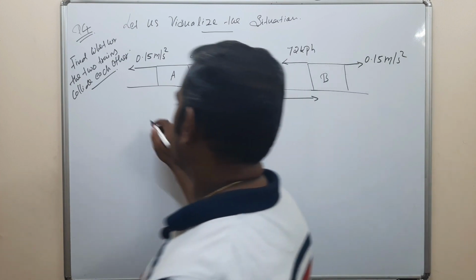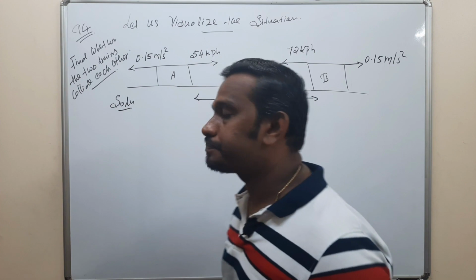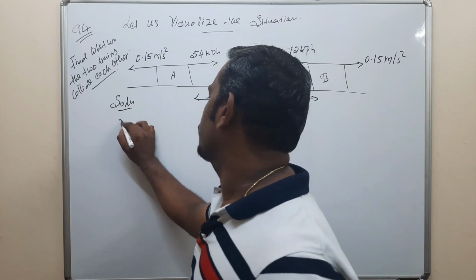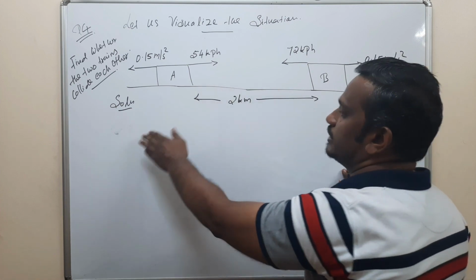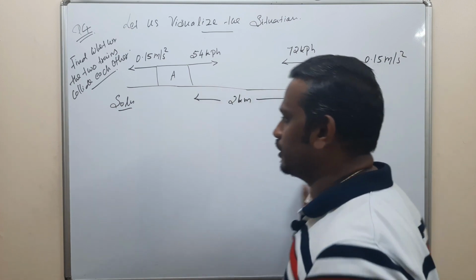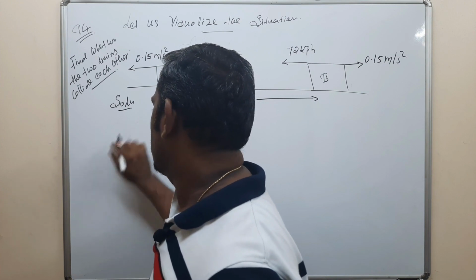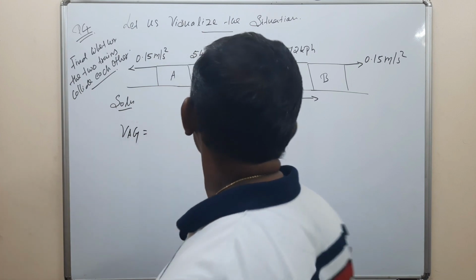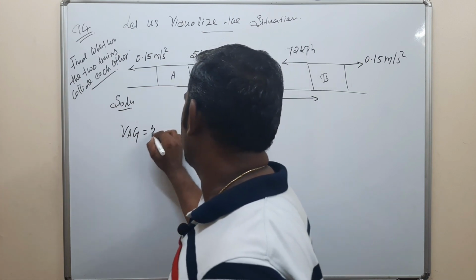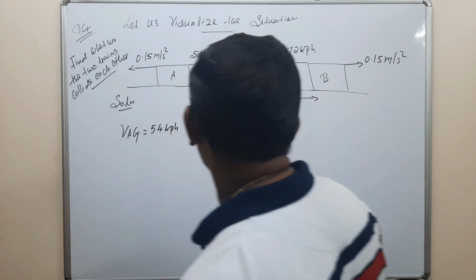So solution. Velocity of A with respect to, actually these speeds, the two trains are moving with respect to the ground frame. So velocity of A with respect to ground is 54 kph.